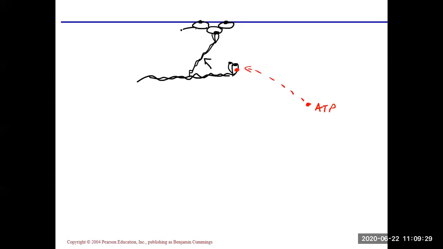These are the actin, all right? And these are areas that are binding sites for the myosin head. There are a lot of myosin heads, it's not just one, so another myosin head can lift up and bind right here as well.